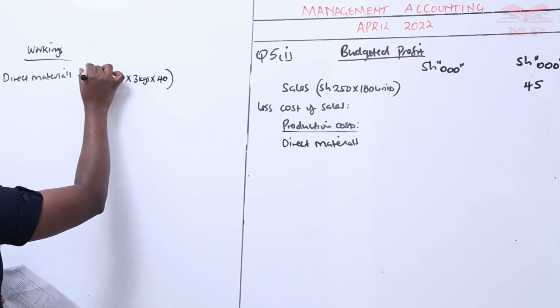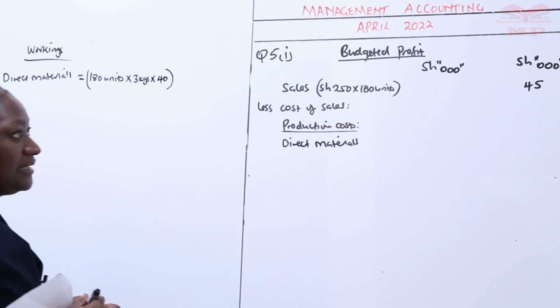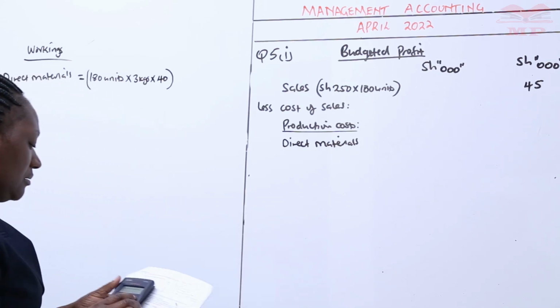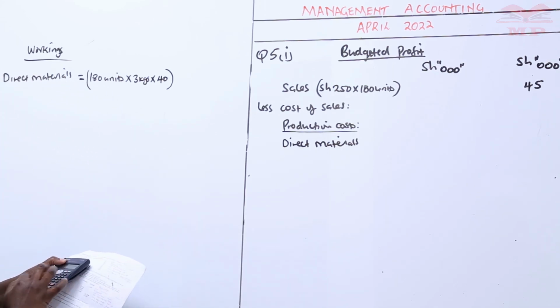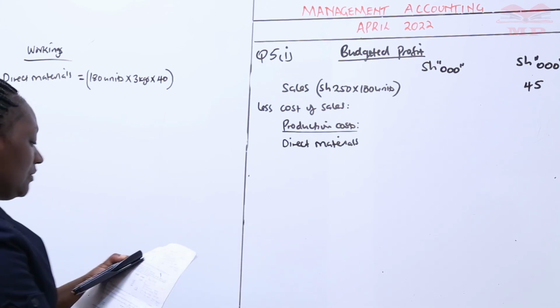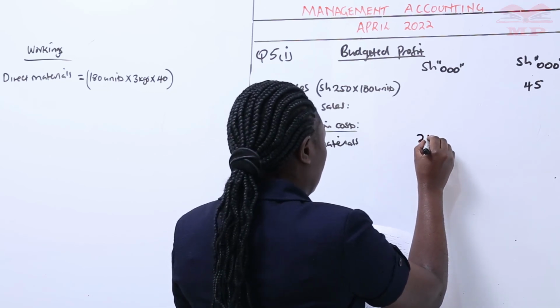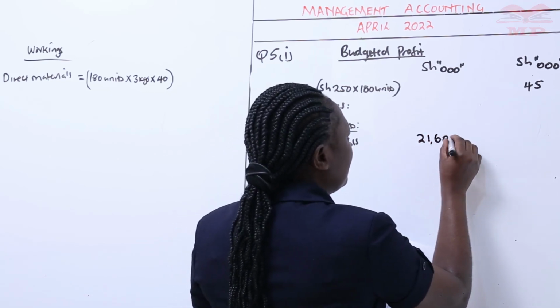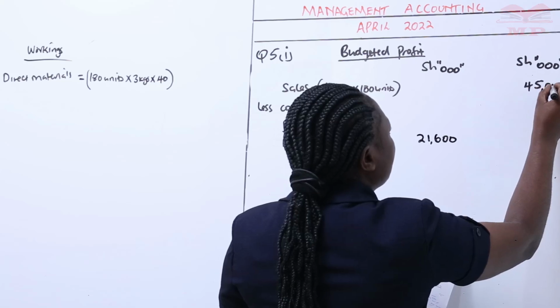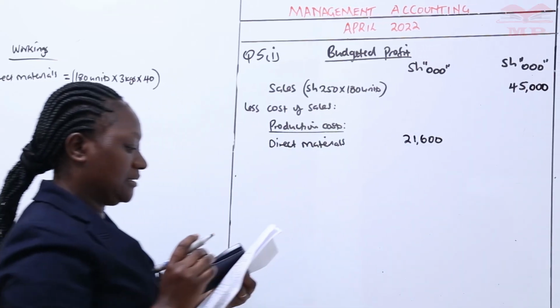So we have 180,000 times 3 times 40, which will give us 21,600 in thousands.